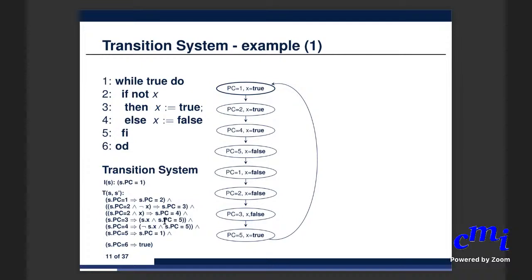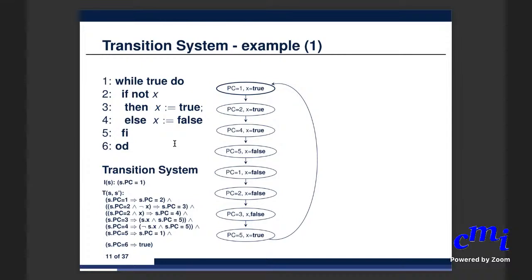But this kind of modeling throws away the structure, and sometimes it is useful to have a way of defining the semantics that keeps the structure of the program, so that your analysis can leverage the structure. One such semantics is what we will see today, called the structural operational semantics.